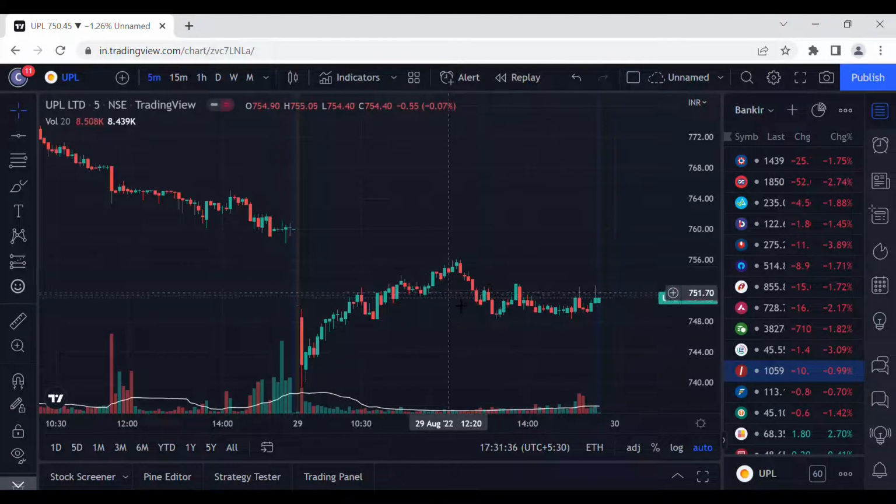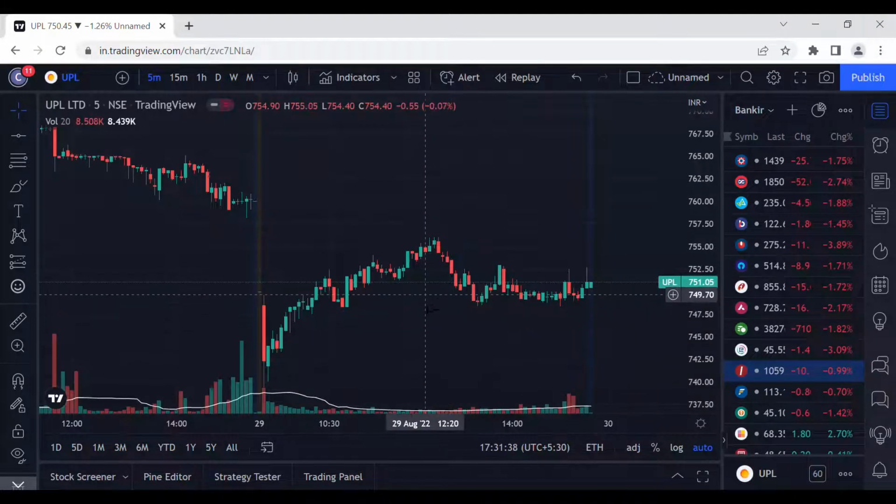Sorry, entry and stop loss both hit in a single candle.